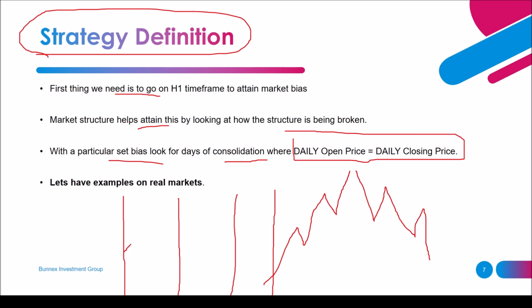If the opening price of a day, which is this one, is almost equal to the price of its closing, we define this day as a day of consolidation. We did not have a rise, we did not have a drop. So we are looking for days of consolidation within the market context that we have set.